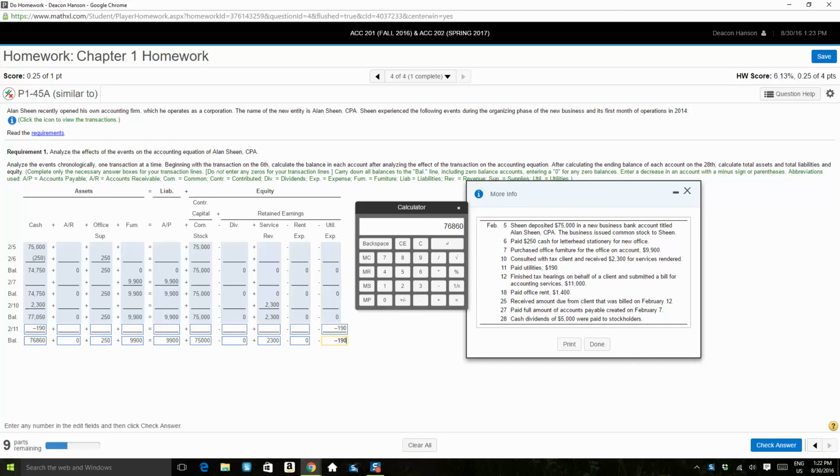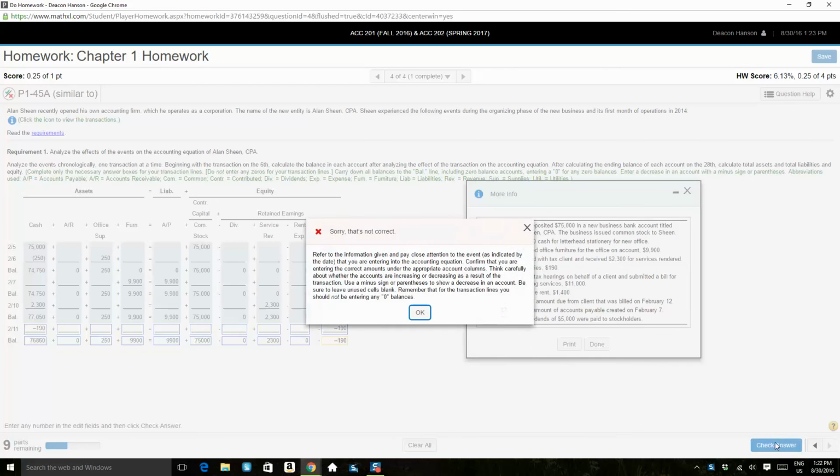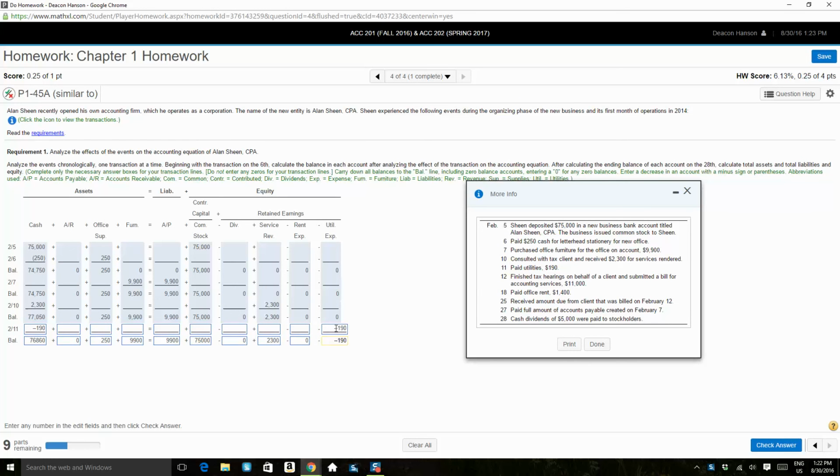Let's think about it though. They actually have a negative sign in there. So I'm going to hit enter, but it's possible that this minus sign takes care of showing this as a minus. Yeah, see? Refer to the information given. Think carefully about whether the accounts are increasing or decreasing. So actually, this expense is increasing. So we don't need to show the 190 as negative because we have a minus sign right here in front of it.